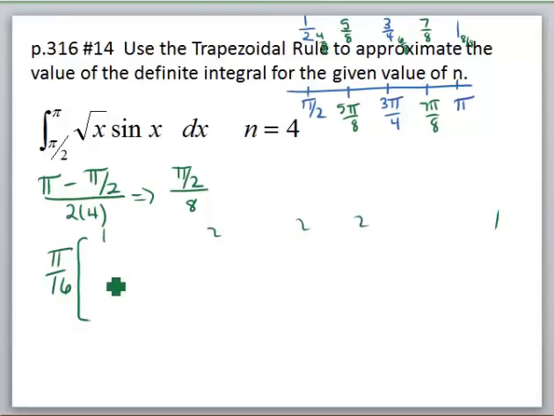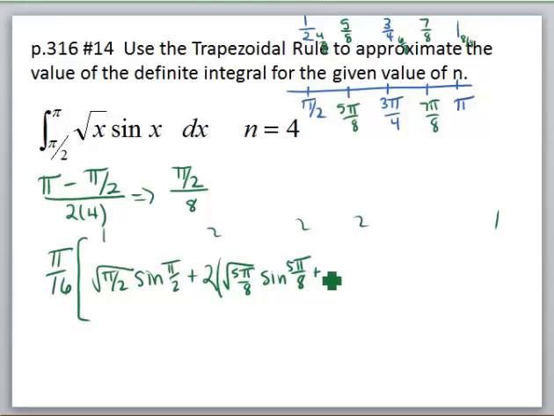So I'll be writing down the value of the function at pi over 2 first of all. I have the square root of pi over 2, sine of pi over 2, plus I have a 2 out in front, the next value is 5 pi over 8, and then sine of 5 pi over 8.